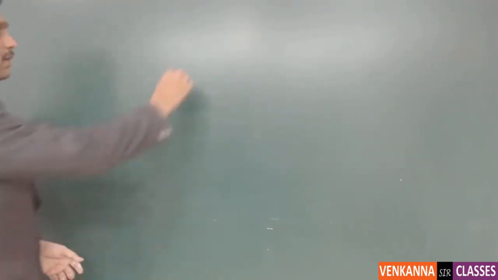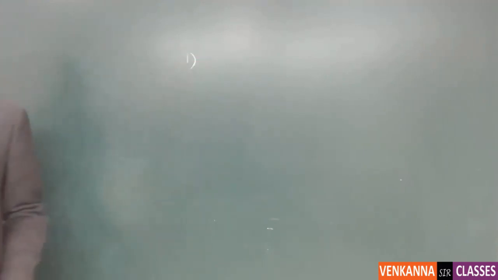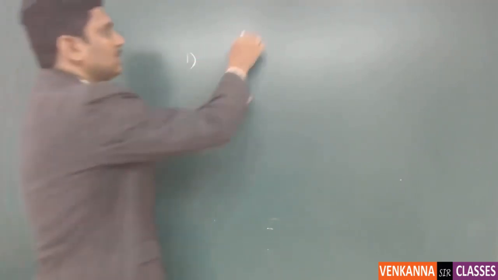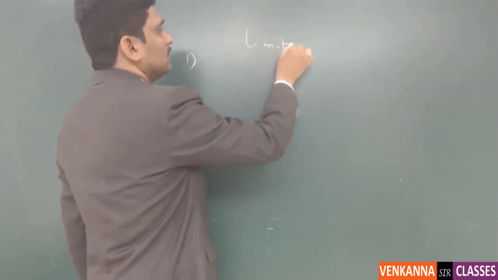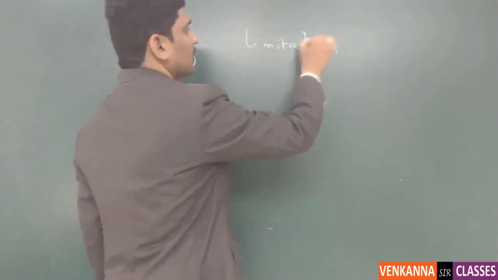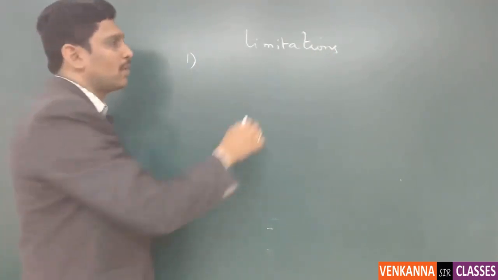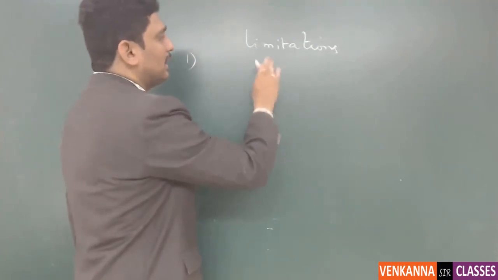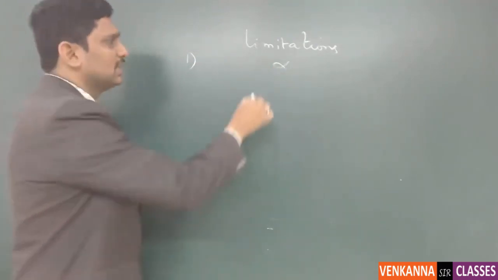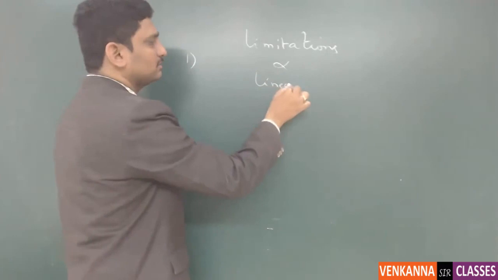Right. Now see, the first thing is that all the variables in the simplex problem or linear programming problem are directly proportional. In other words, they are linear in nature.